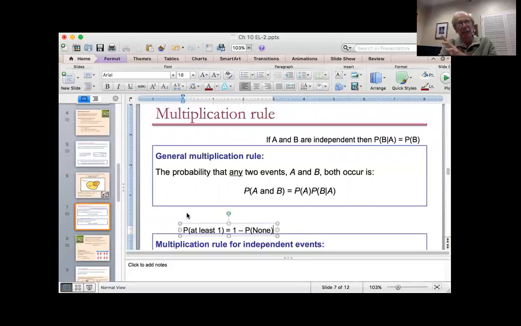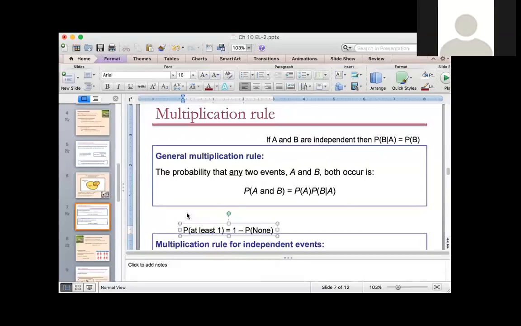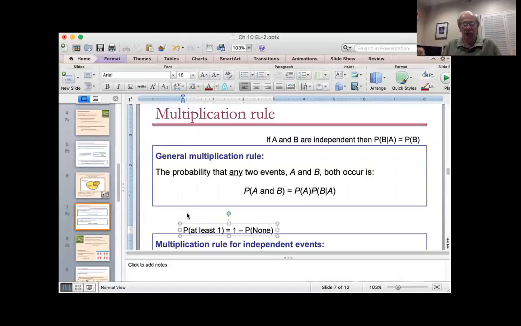Because at least one means that something must happen. And so if you break up everything that can happen into two groups, then one group is that nothing happens, that no one succeeds, and the other group is that at least one person succeeded. Those two groups make up everything.